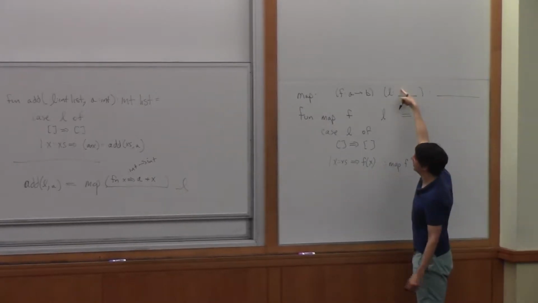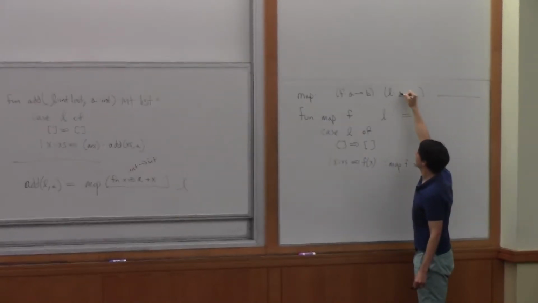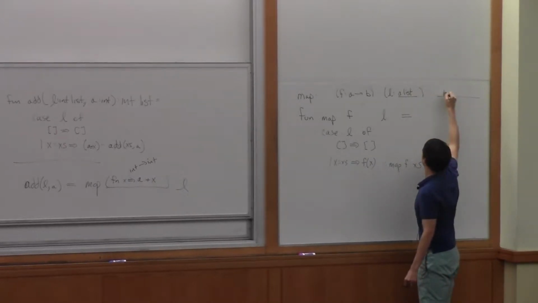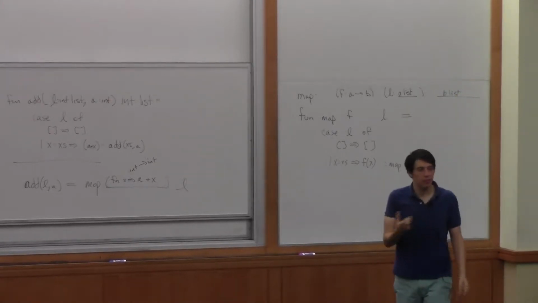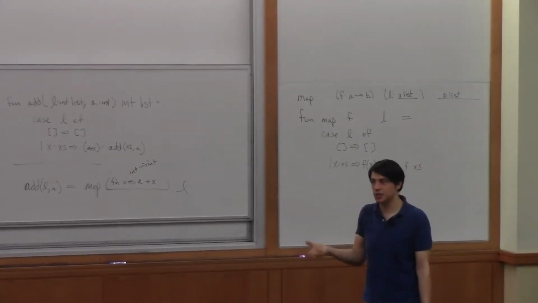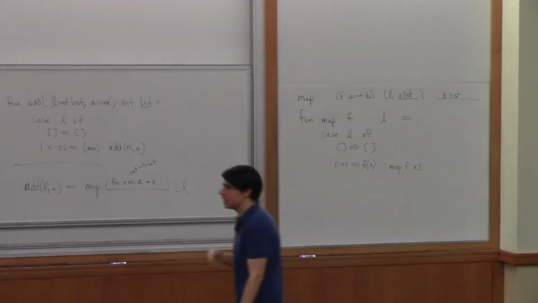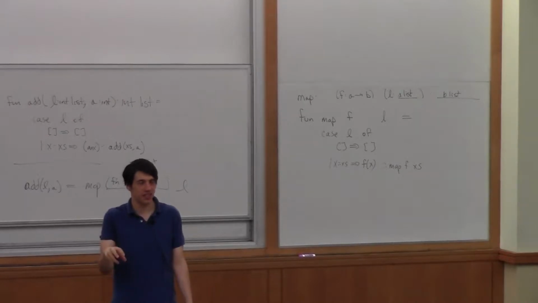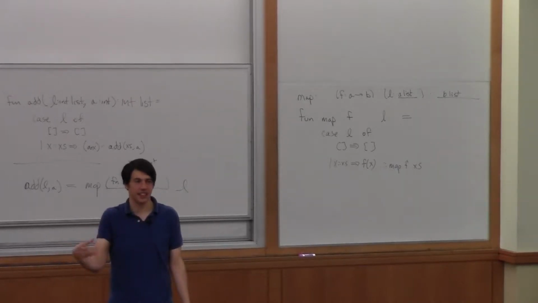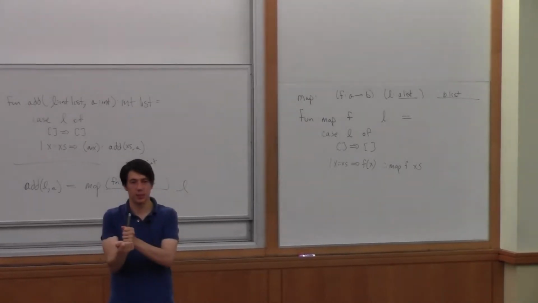So what should I write there? A list. And what should I write there? B list. OK? So if you give map a way to transform an int to a string, and then you give it an int list, it gives you back a string list. If you give it a way to transform an int to a string and you give it a string list, then it doesn't apply, right? There's coordination between the types involved.